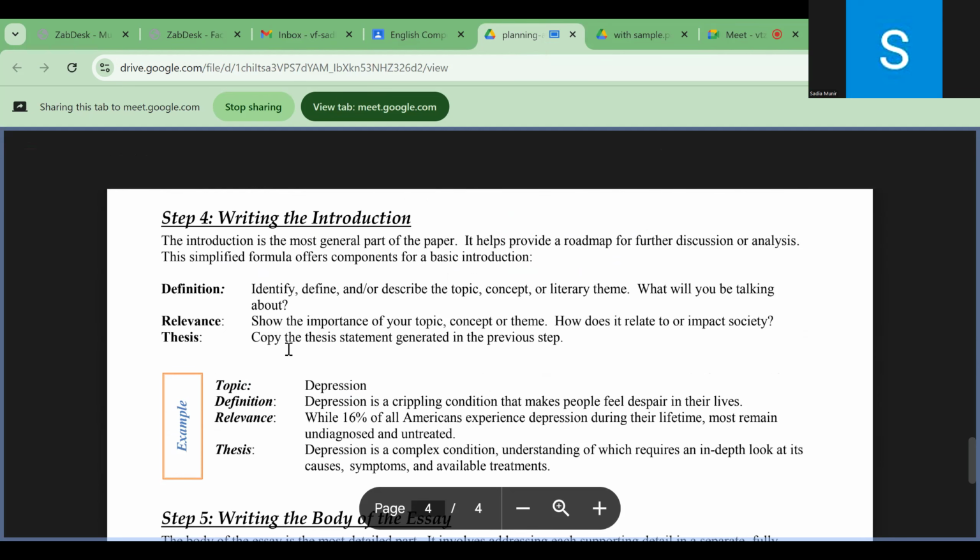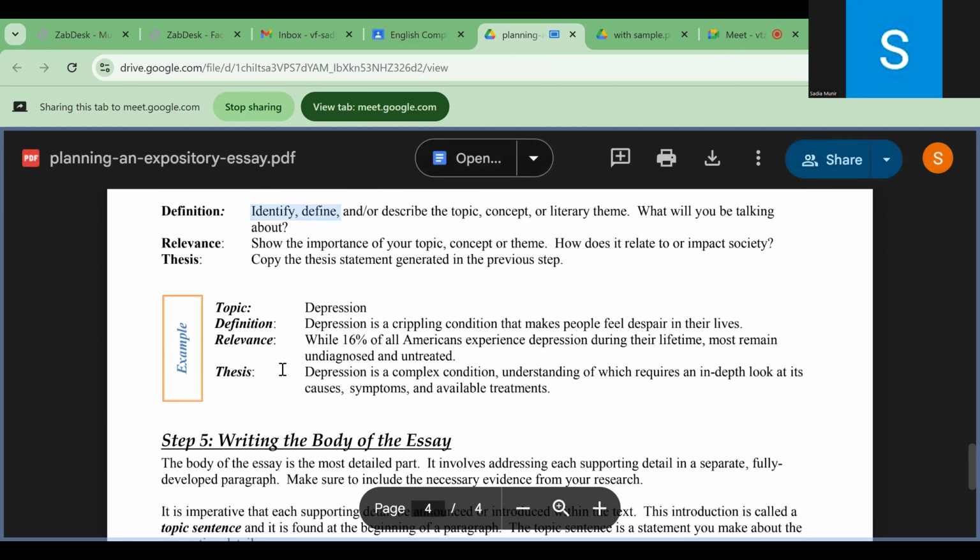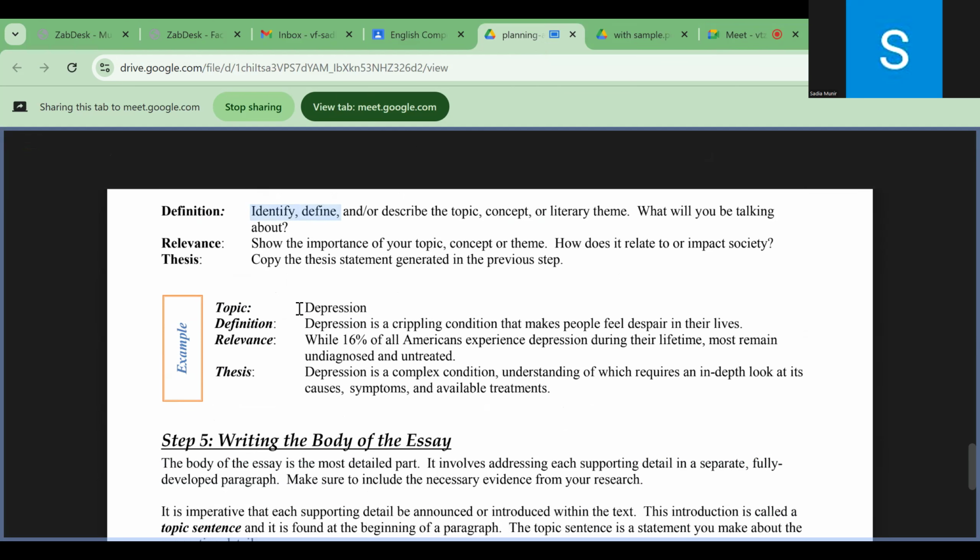Then we have the introduction. Introduction, like I told you, identify, define, and then make sure that you clearly state the topic and concept and the idea for the audiences. Make sure it's relevant. ठीक है, अब देखिए टॉपिक डिप्रेशन है.